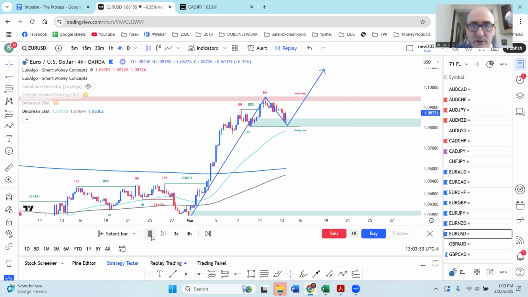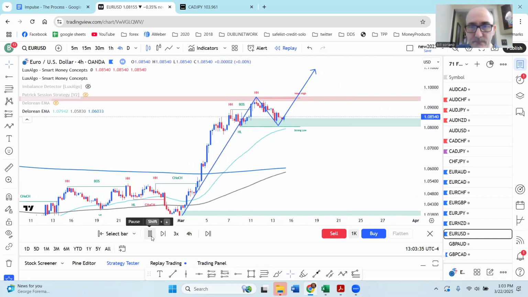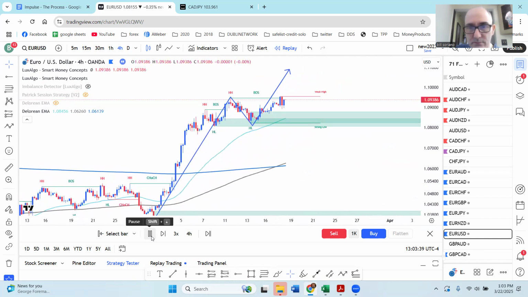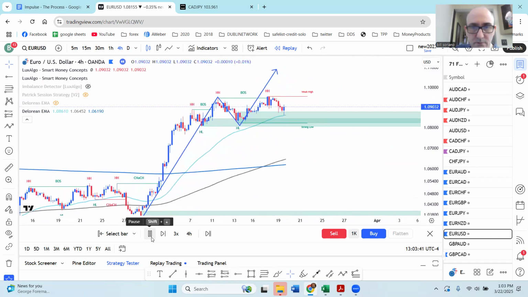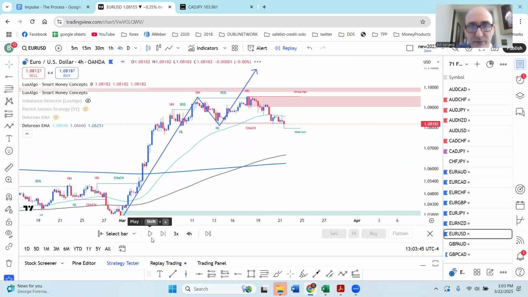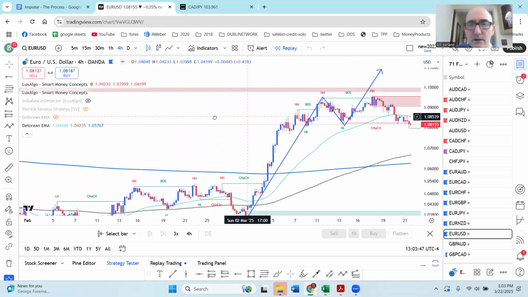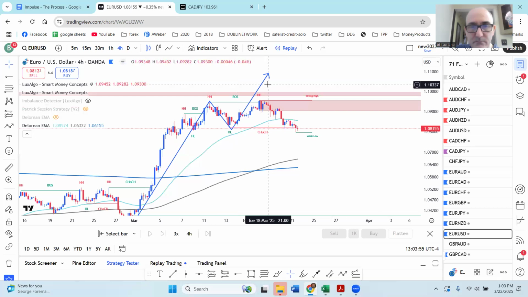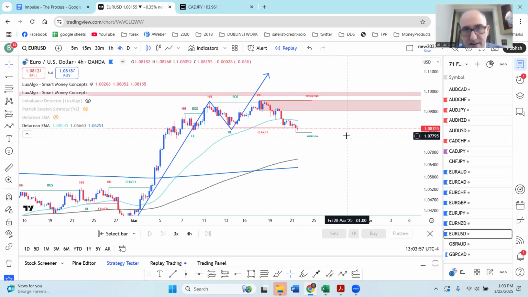Okay? But then what happens is, when price closes through that zone, it disappears. Both of them disappear, see? So that's kind of what happened. It gave us this zone here because of this break of structure to the upside, but it wasn't a valid zone.